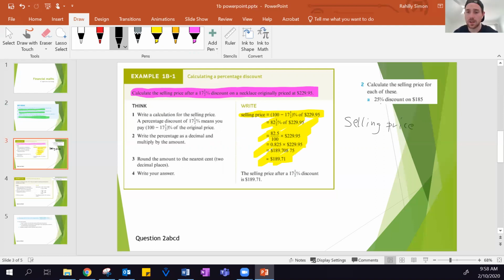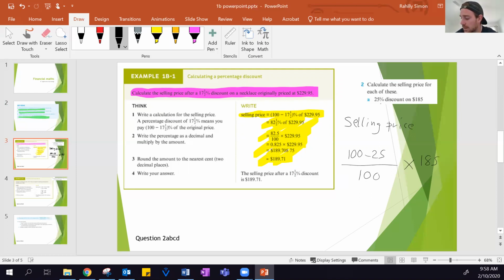So all you have to do is, you've got your 100, take away a discount of 25, divide that by 100 straight away, and then times it by our amount. It's essentially doing the same thing, but you're combining the steps. So it's 100, take away 25, divided by 100, times 185.